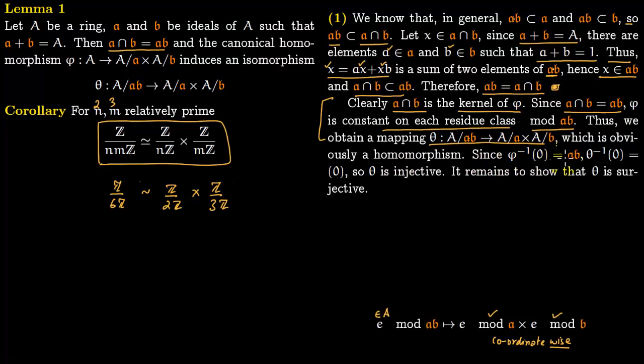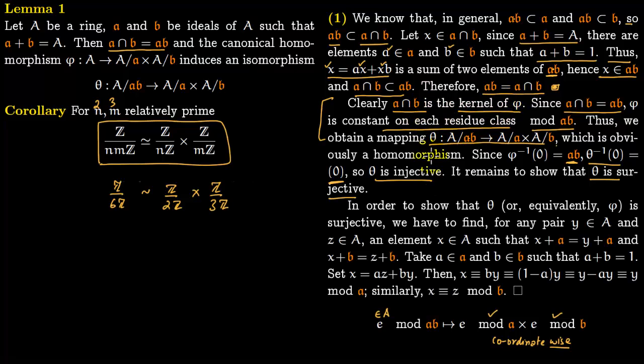Since varphi inverse of 0 is AB, because A intersection B is AB, and theta inverse of 0 is just 0, theta is injective. So it remains to show that theta is surjective. Injectivity is clear, because the kernel of theta is just 0. That is precisely because varphi inverse of 0 is AB, which followed from A intersection B equals AB, because A intersection B was the kernel of varphi.